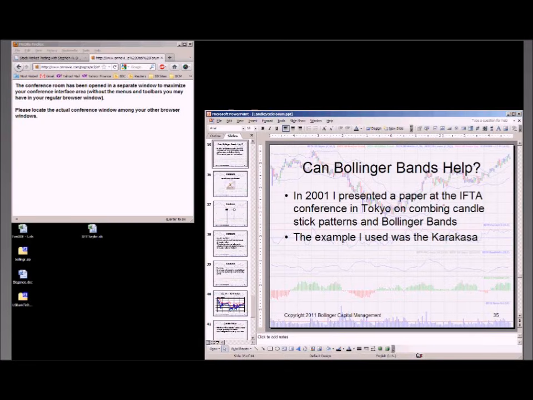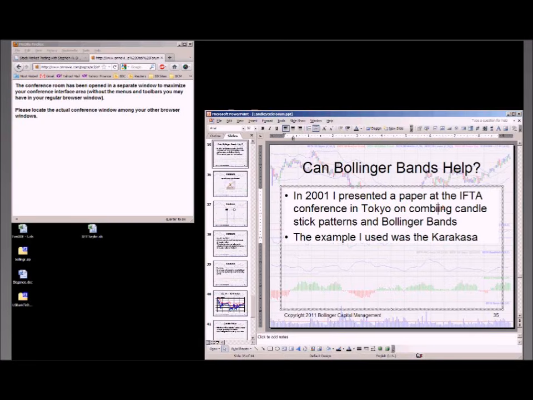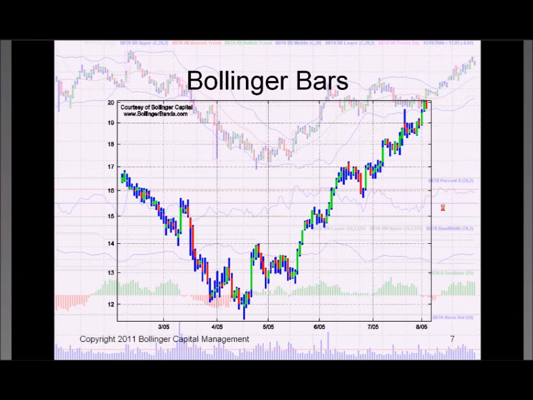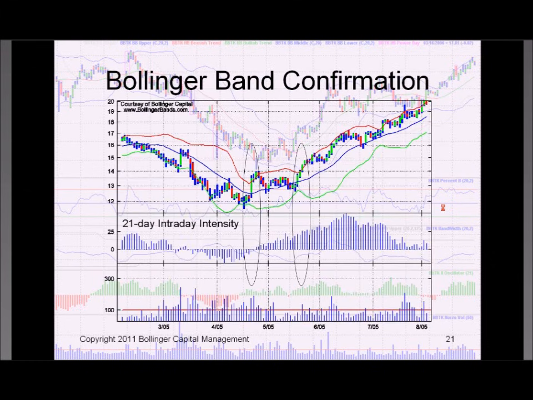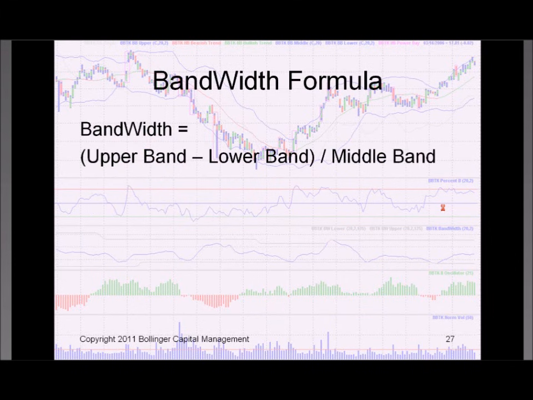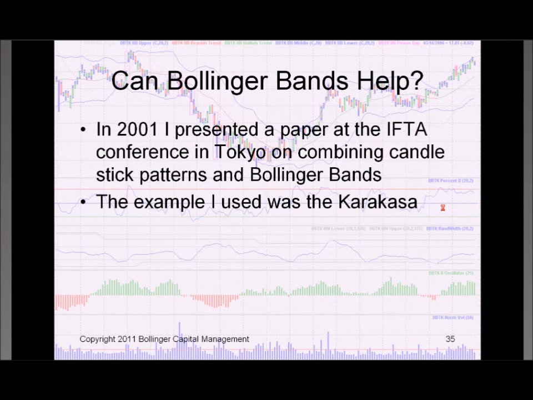That slide should say combining. On combining candlestick patterns and Bollinger Bands, the example I used was the Japanese candlestick pattern called a Karakasa.